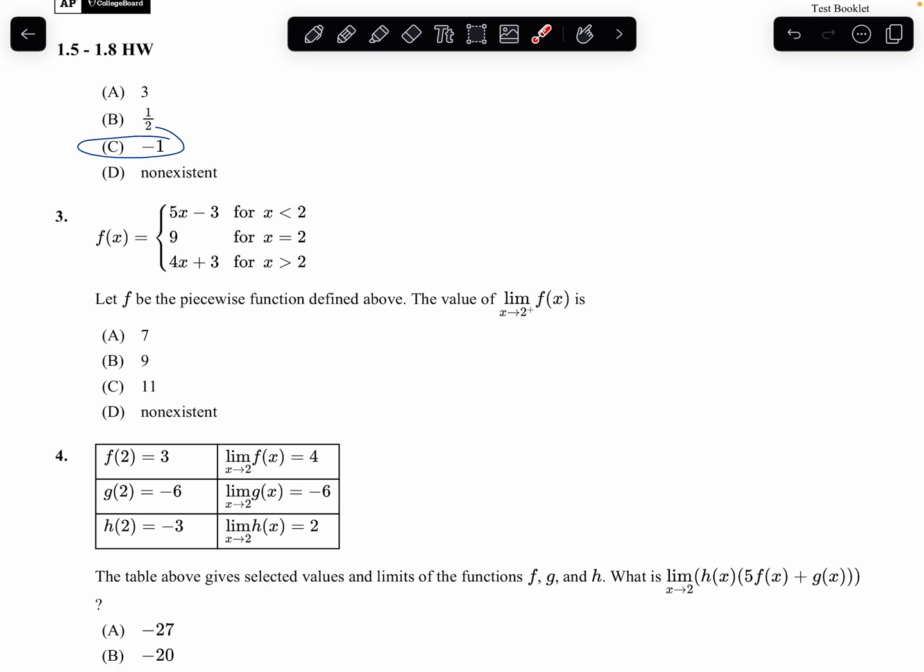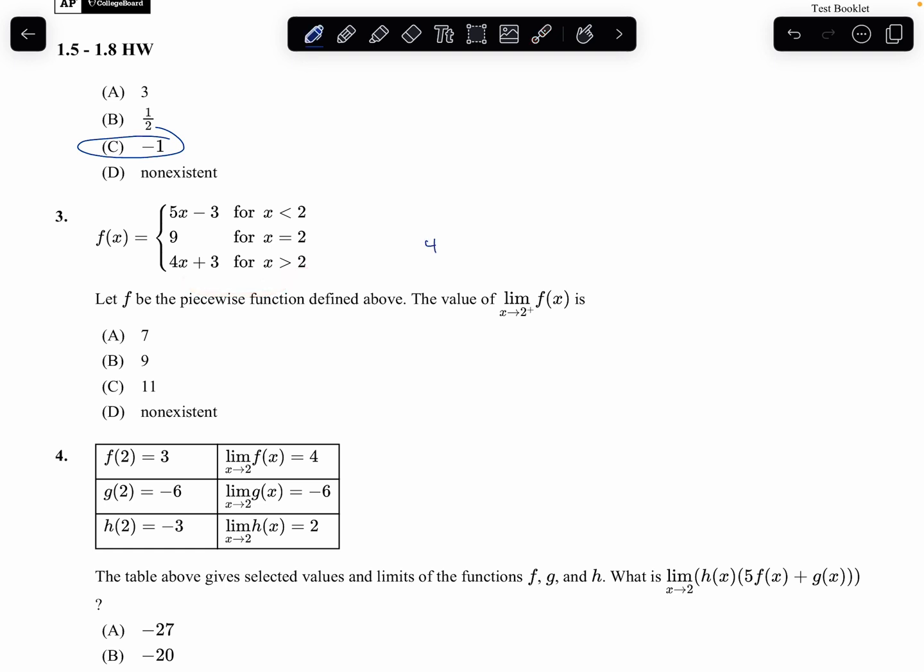And so I can basically just substitute this value right here into this function, and I should get its limit. Doesn't matter that right here x is defined at 2 as 9, because I just want to know where this is going from the right side at 2. So I should be able to figure that out just by plugging that in right there.